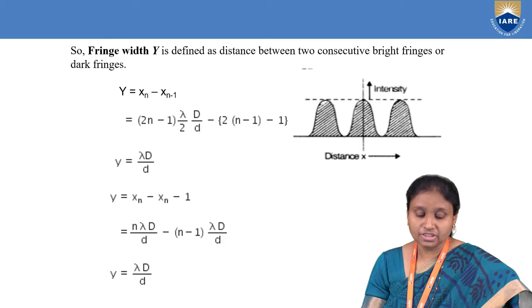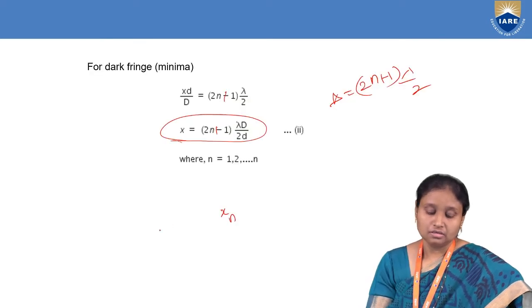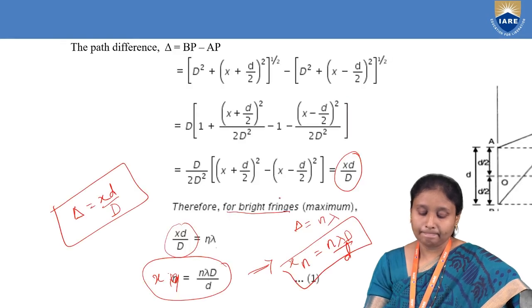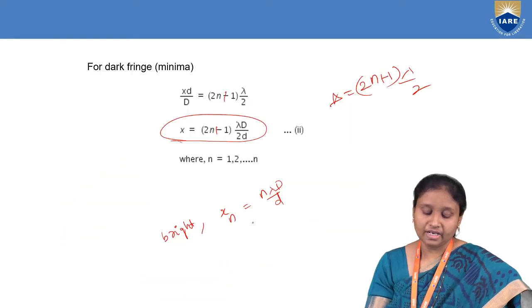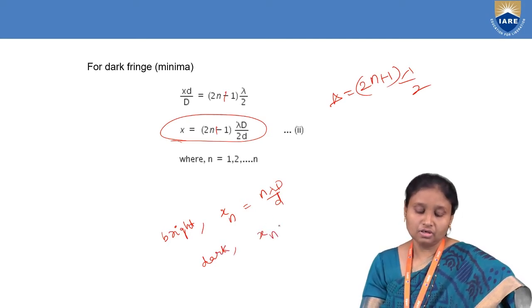So for bright fringe, we got that distance from the center of the screen as n lambda D by d, whereas for dark fringe, we got it as (2n plus 1) lambda D by 2d.